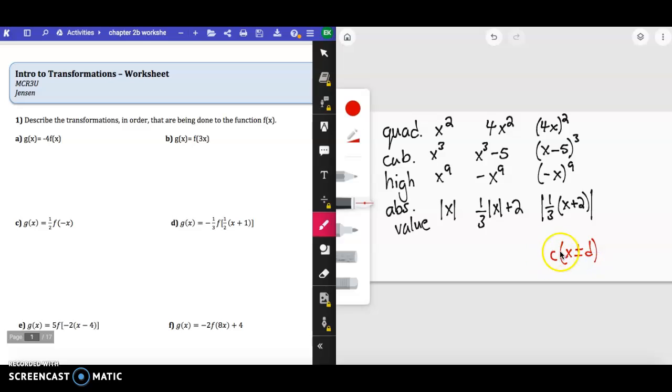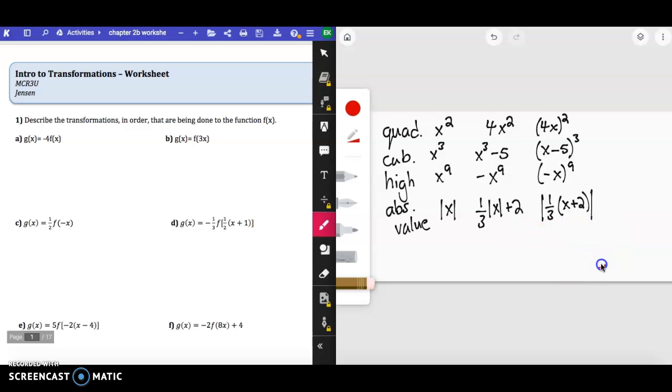And then your horizontal shrink or stretch would be happening, and then this outside piece right here would be whatever your function family is. So in this scenario, it was an absolute value symbol, but it doesn't necessarily have to be absolute value. It could be a square root around the whole thing. That would be a radical, or it could be the log of all of this stuff. That would be a logarithmic function. All of this stuff is still happening inside of that function, okay? So I just wanted to try and make that a little bit clearer.